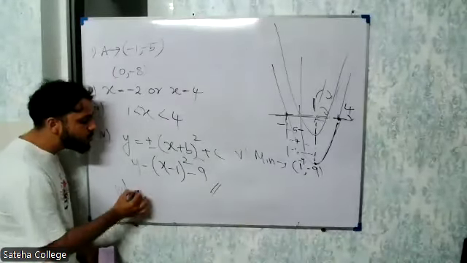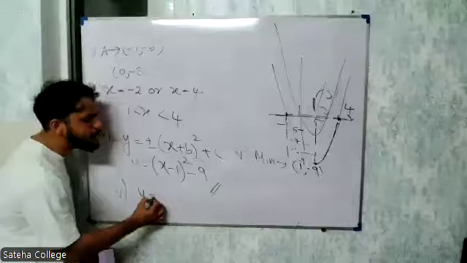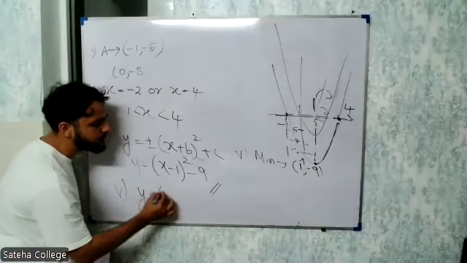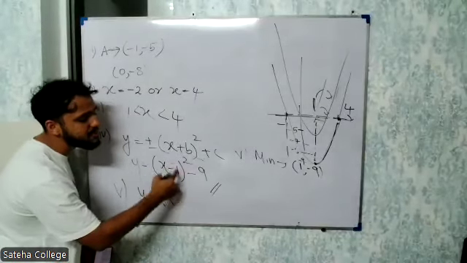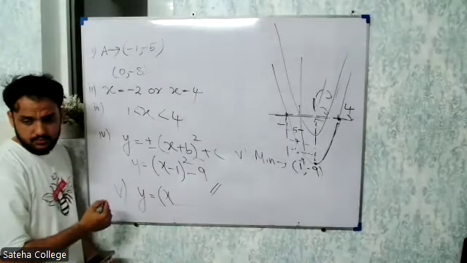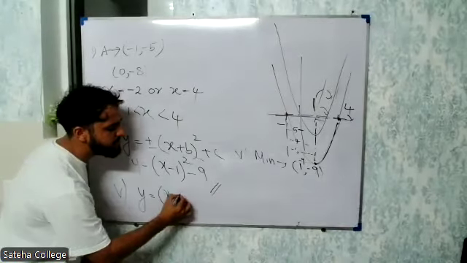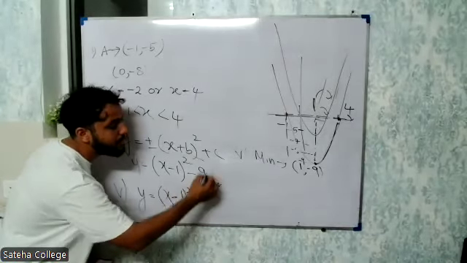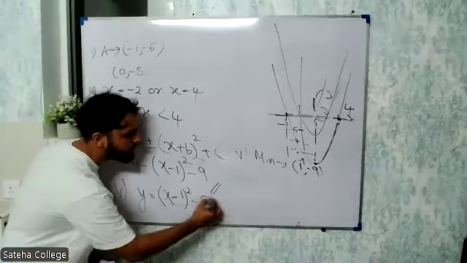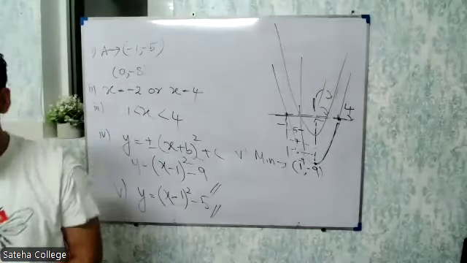Now give the new quadratic function. Y is equal to, again it's a minimum graph, so positive, (x minus 1) squared. Will this b value change, anyone? No, because the axis of symmetry is not changing. This b value won't change, but your minimum value is now minus 5. So this is your new function.